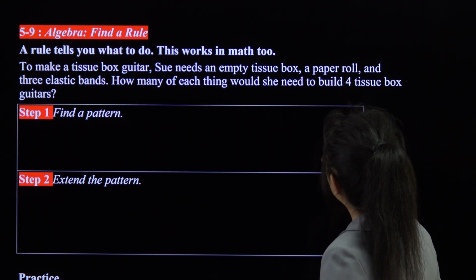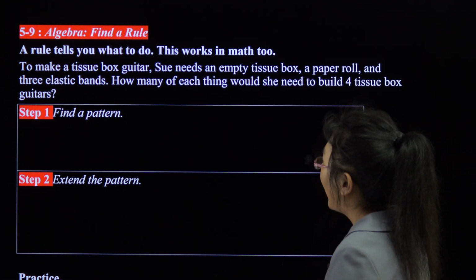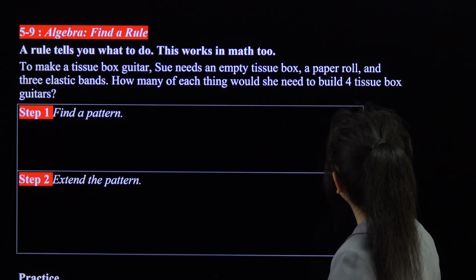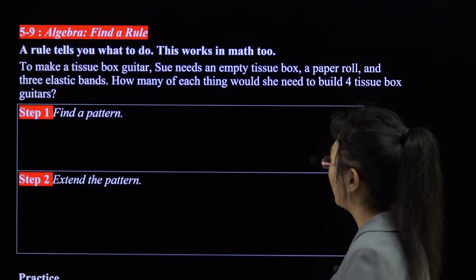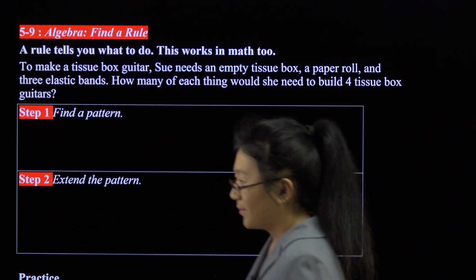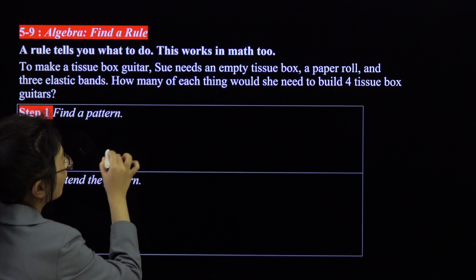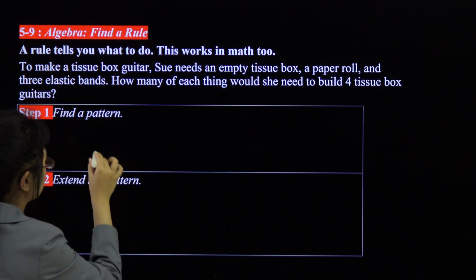Sue needs an empty tissue box, a paper roll, and 3 elastic bands. How many of each thing would she need to build 4 tissue box guitars? Find a pattern. Well, here, for tissue boxes, it's just +1.